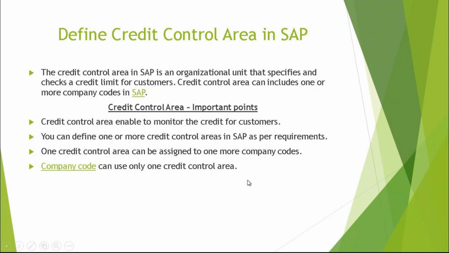Now, whenever you define a new credit control area, it can be given a new code. But I'll be using the same company code to create the others, for all the other information, so that I may not forget. See, in real time, modules work differently under one company.